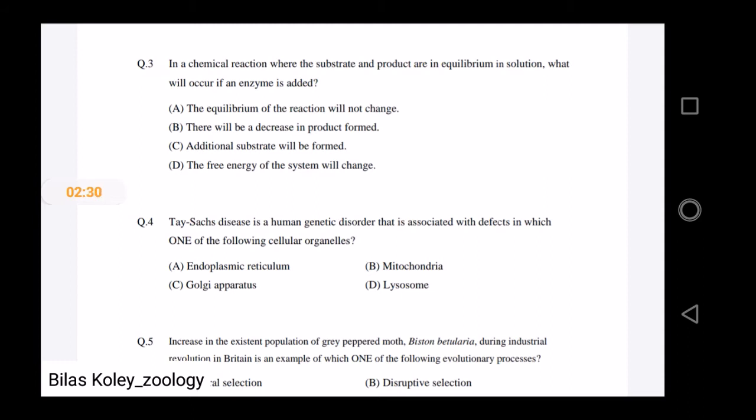The options are: the equilibrium of the reaction will not change, there will be a decrease in product formed, additional substrate will be formed, the free energy of the system will change. In this question, the correct option is option A.